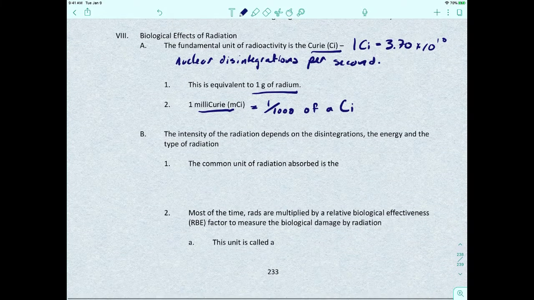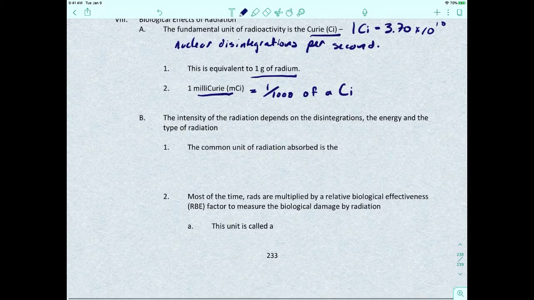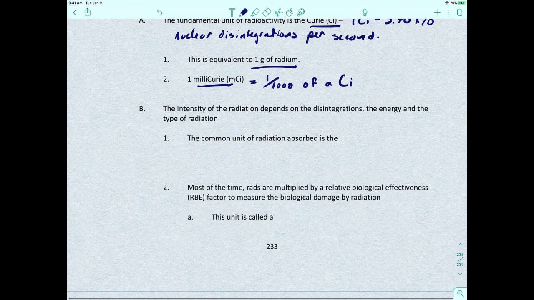Now the intensity of the radiation depends on the disintegrations, the energy, and the type of radiation. And the most common unit of radiation absorbed is called the rad, where rad stands for radiation absorbed dose.